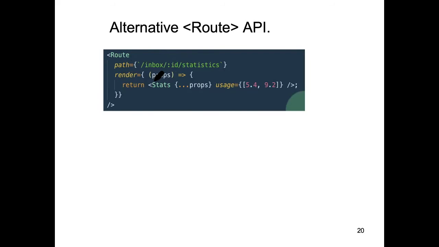The function is returning the component that I want mounted, and over here is where, in my case, I have the custom prop that I want to pass to my stats component. I've hard-coded it, which is obviously not what would happen in real life. This array might be computed somewhere else in my code base. So there's my custom prop.